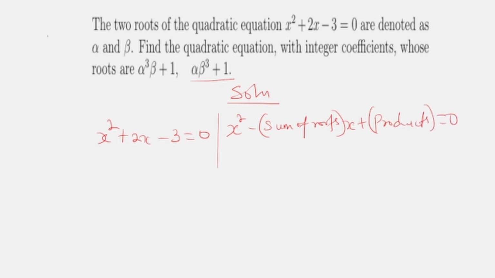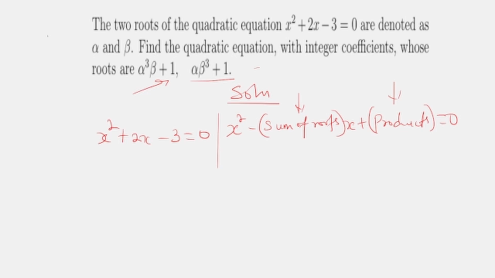You need to know this formula because once you get your sum of roots and your product of roots, you are going to substitute them respectively into this formula, right? And with that, you can simplify and create your new equation.